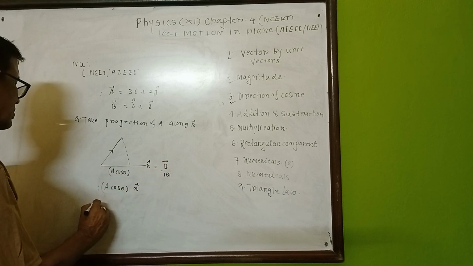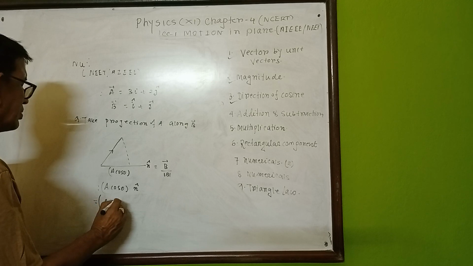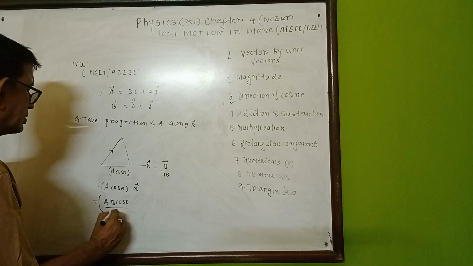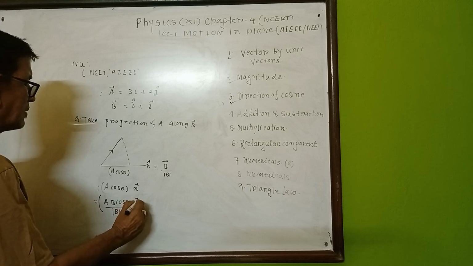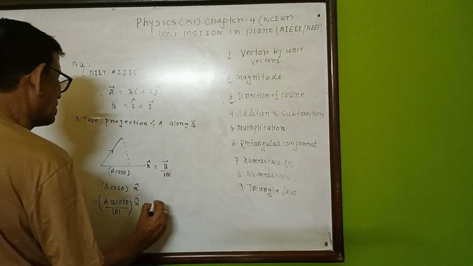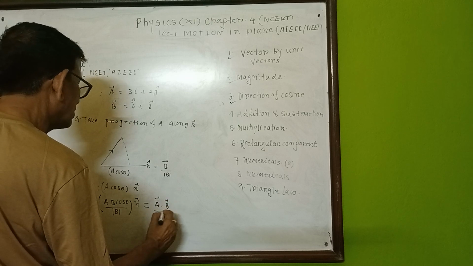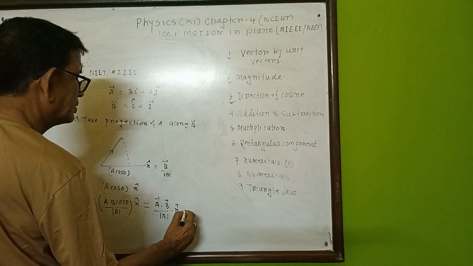A cos theta you can write as AB cos theta by B mod. Then n cap. Now AB cos theta you will understand in the next class, it is A dot B by B mod into n cap.